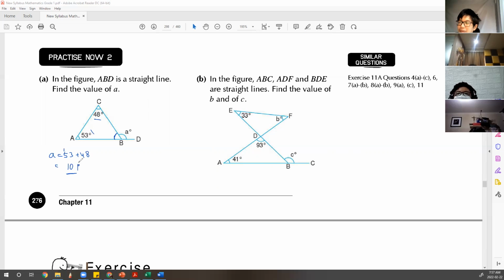Mr. Hans, I don't want to memorize this. I want to use the most basic way. No problem. Look at this. If 48 and 53, what is this? The interior angle: 180 subtract the other two, right? So the answer will be 180 minus 48 minus 53, which is 79.